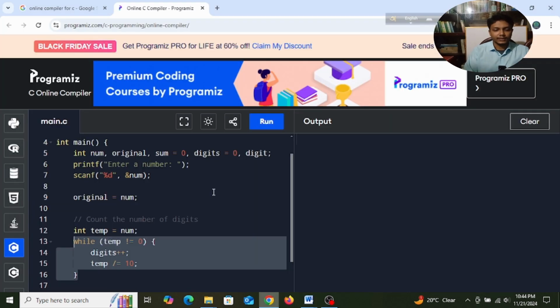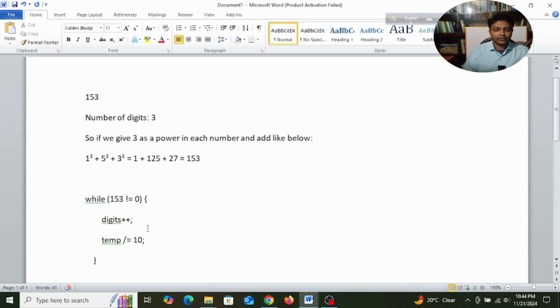What was the digit in the beginning? Digit was 0. Now as we entered the loop, digit equals digit plus 1. So 0 plus 1 equals 1. This is the digit now.